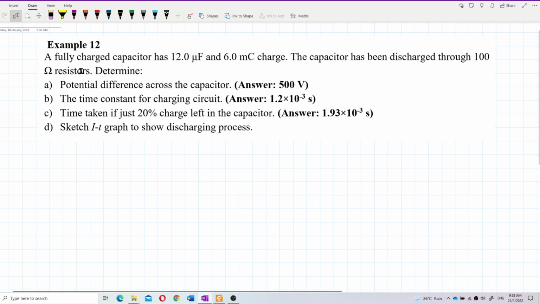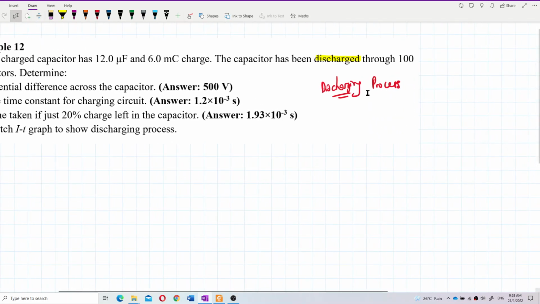It's connected to the resistor only. There's no battery inside to charge the capacitor. So it's a discharging process, and we are going to use the formula for the discharging process.